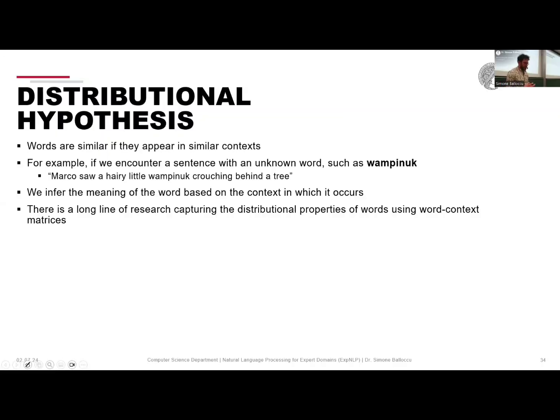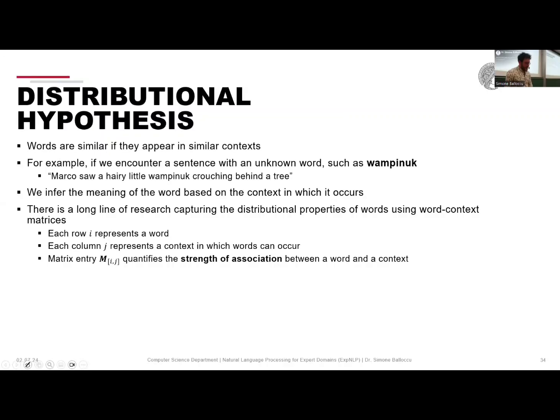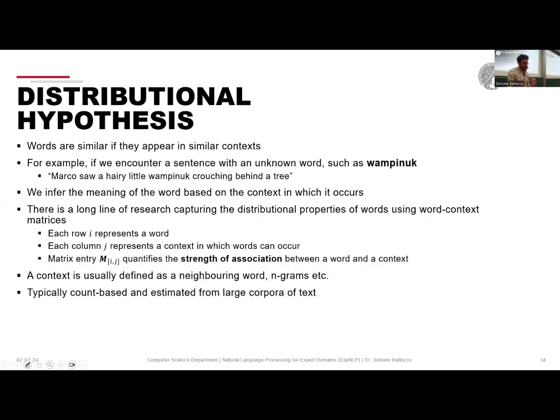This is not new. There's a long line of research doing this. Basically, we use what we call word-context matrices. Each row of the matrix is a word, and each column is a context in which the word can occur. When you go across one element of the matrix, you get the strength of the association. The context is usually a neighborhood word or an entire n-gram, and it's typically count-based.